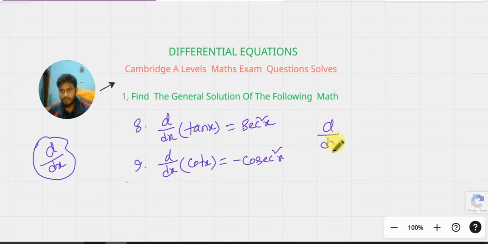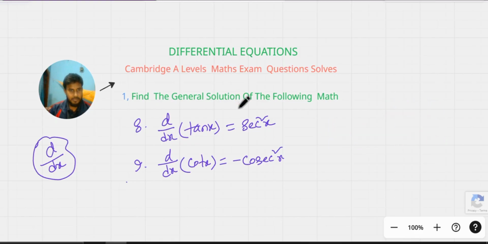If we take an example, x cube, if we differentiate this function, what will we get? We will get 3x square. This is the answer of this function.